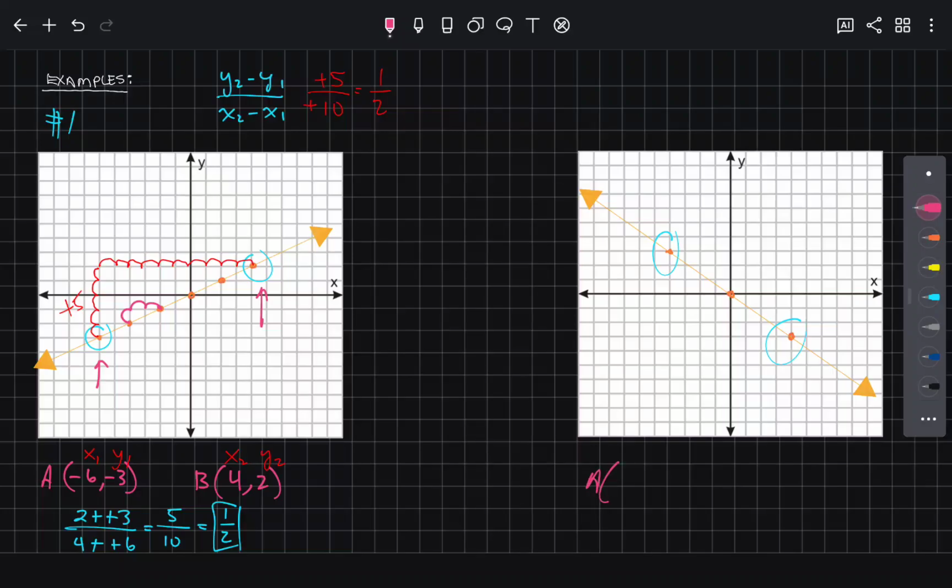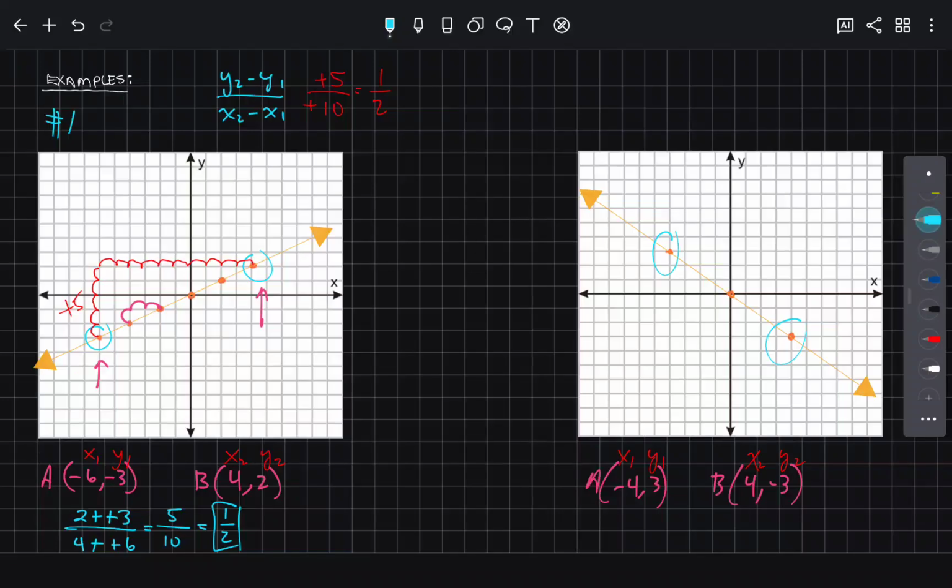Point A would be negative 4, positive 3, and point B would be positive 4, negative 3. Cool. So I'm going to label those before I forget: x1, y1, x2, y2.